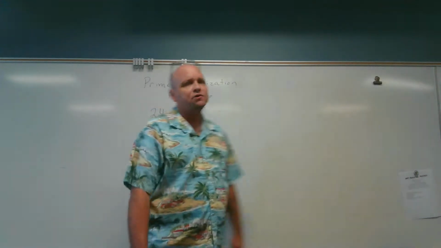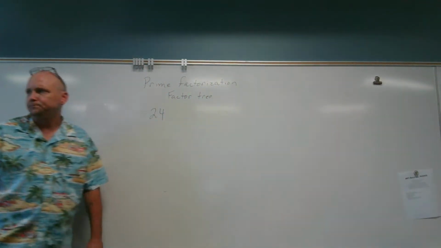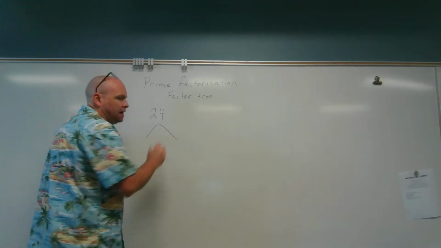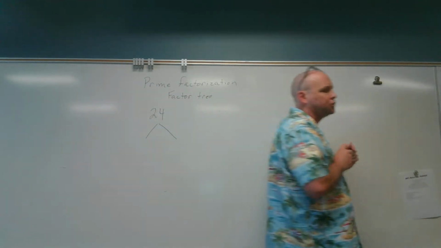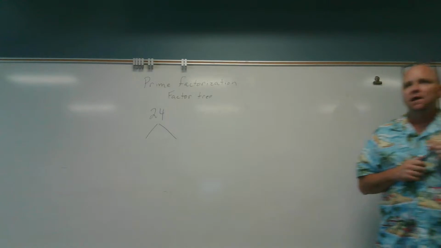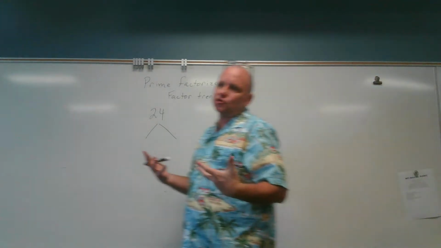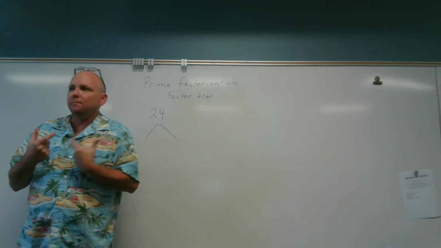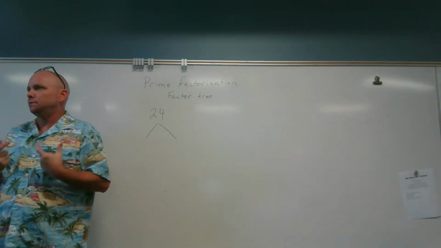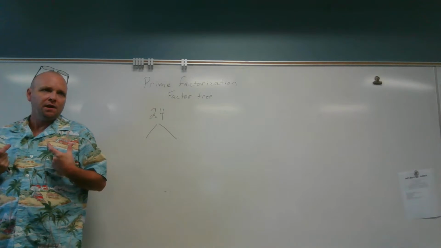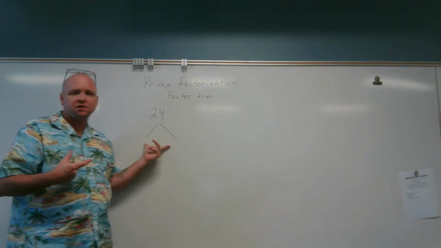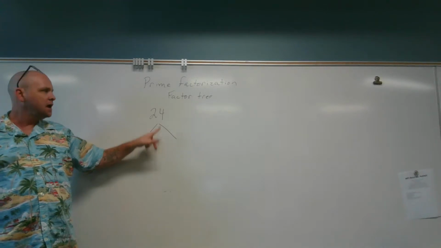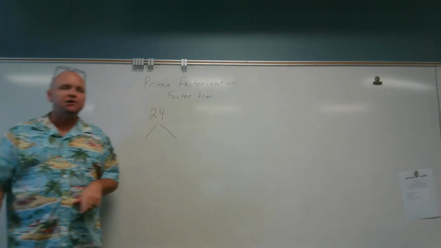All right, so you may have a problem that gives you a number, and it says, find the prime factorization of that number. Well, in order to do that, sometimes you'll use what's called a factor tree. Now, the word factor, as we've learned, are the numbers that you're multiplying together. So the first two branches of my factor tree are going to be two numbers I can multiply to get 24.